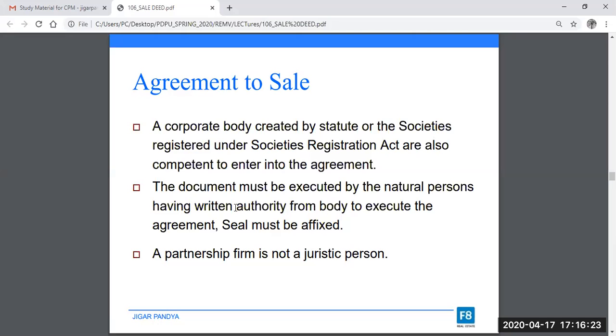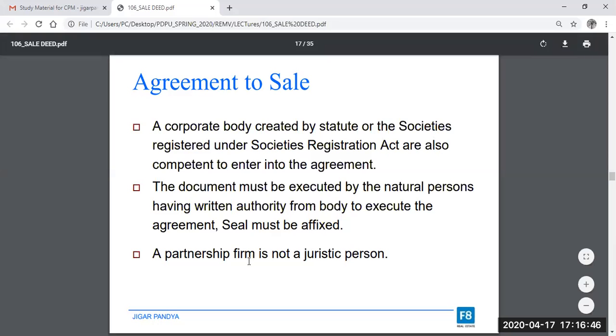The document must be executed by natural persons having written authority from the body to execute the agreement. The seal must be approved. A partnership firm is not a juristic person. So this is very important. While HUF and a private limited company can be called parties, a partnership firm cannot be a party.